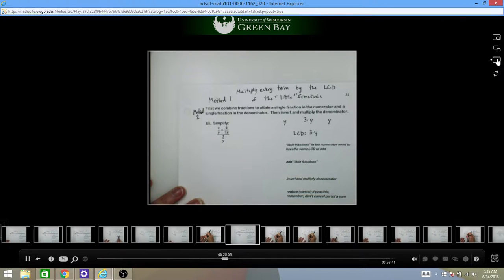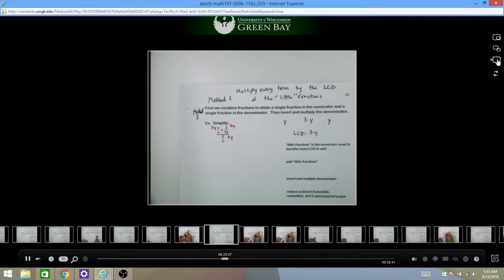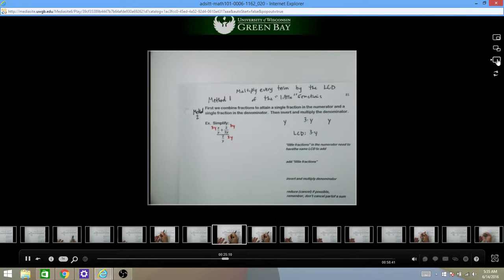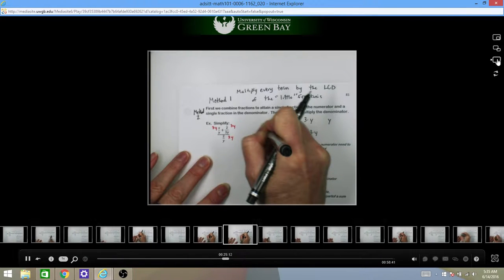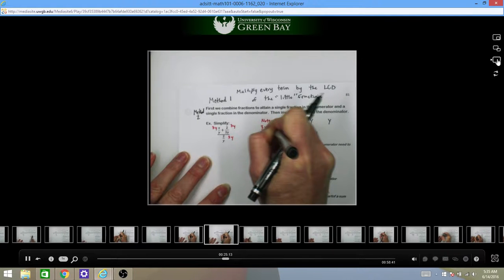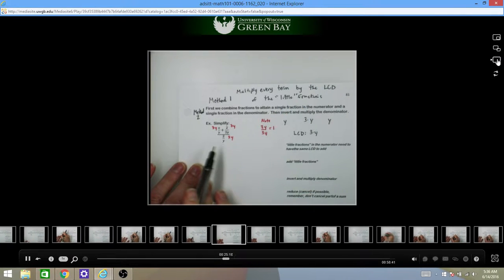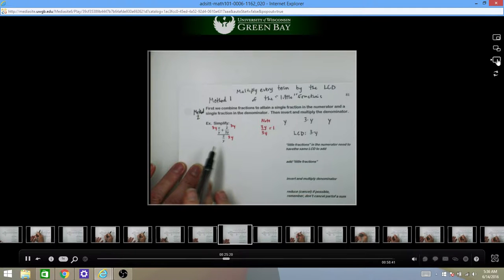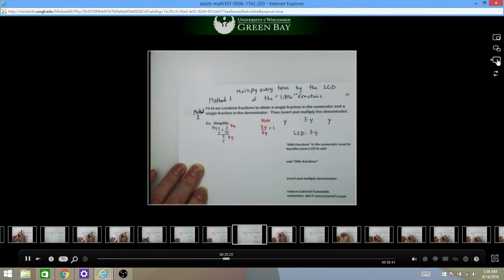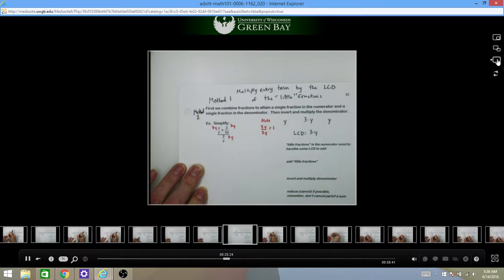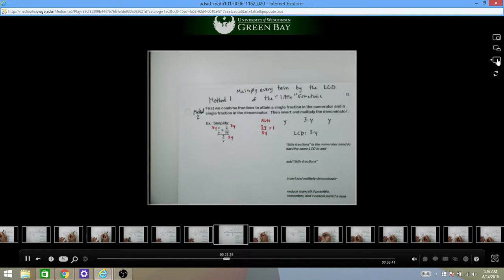Notice when you do that, what you're doing is you're multiplying by 3y over 3y. So you're really just multiplying the top by 3y, but it distributes. So you're not multiplying by like 9y squared. You're multiplying by 3y, but it distributes. Maybe I should have showed that. Here, I'll show that.